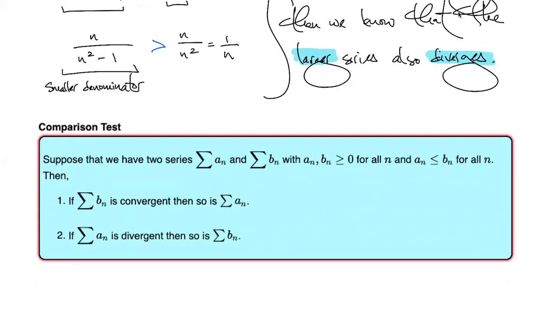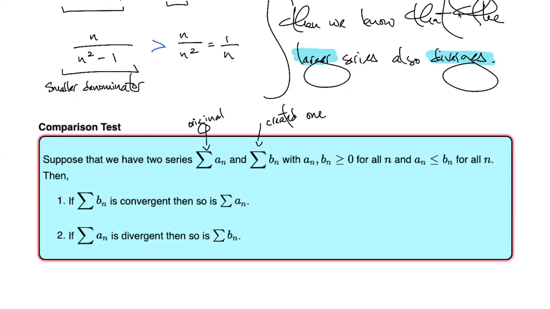So the comparison test says this. Suppose we have two series, a sub n and b sub n. Okay, so a sub n is your original one, b sub n is the one you make up. So original, created one. All right. And you know that they're positive for all the values.